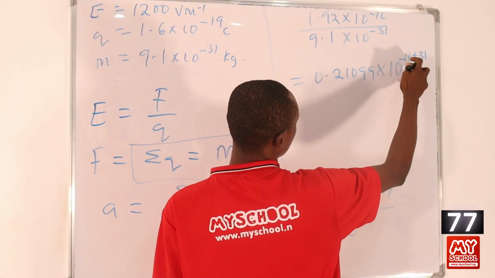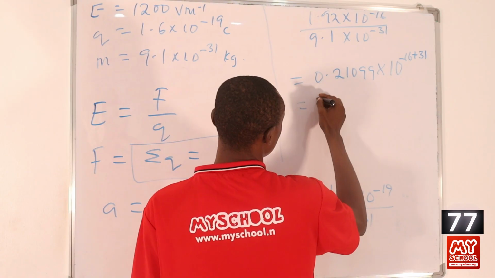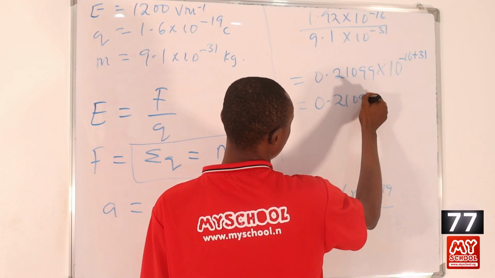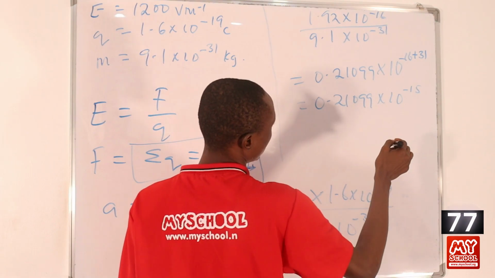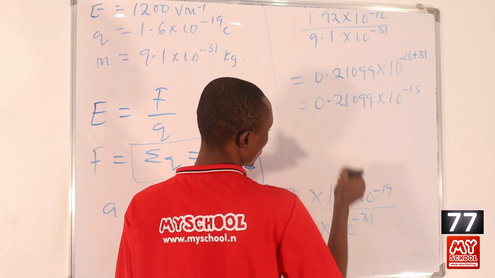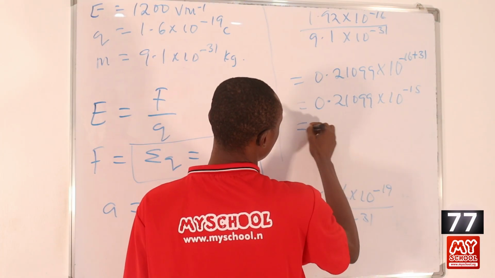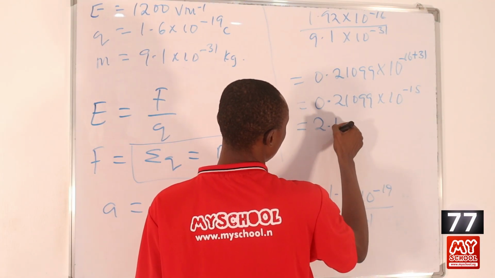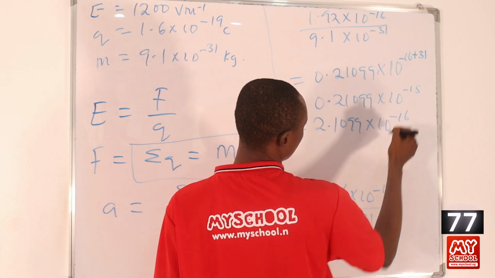Minus 16 plus 31 equals plus 15. So we now have 0.21099 times 10 raised to the power 15. If we move one place to the right, we have another minus 1, so that at the end of the day we have 1.1099 times 10 raised to the power minus 16.